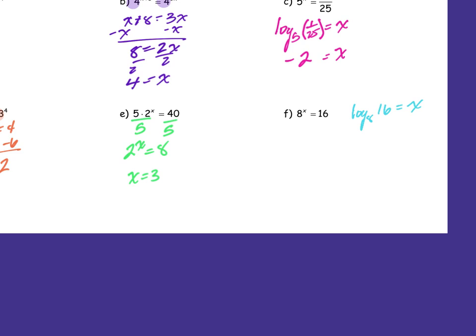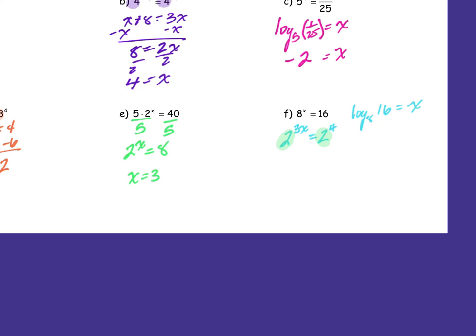So I am going to think about changing the base of this. I know 8 I can write as 2 to the third power, okay? And 16 is just times another 2. 8 times 2 is 16. That means I can write this as 2 to the fourth power. So sometimes I'm just going to rewrite the whole thing with a different base, but I want that base to be the same.